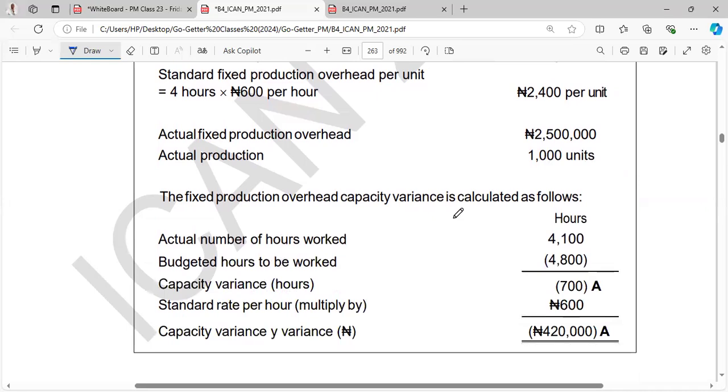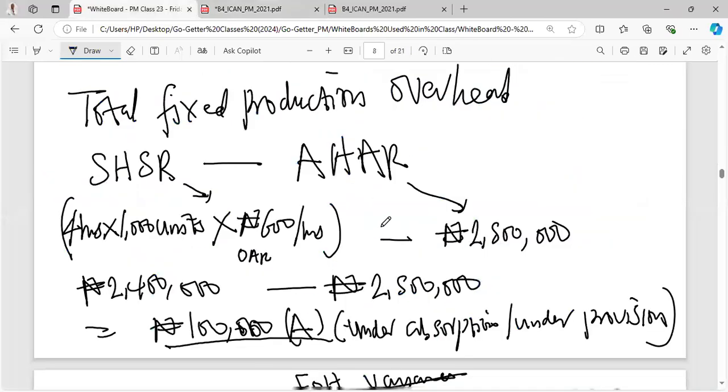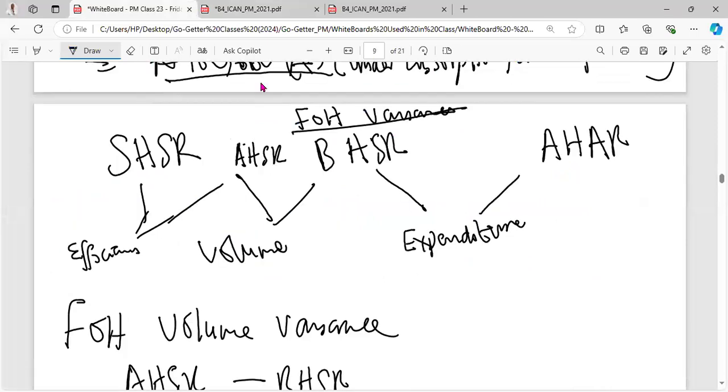Now the number of hours worked is 141. Budgeted hours to be worked, we saw it here as 48. Then if you minus it, this is the capacity variance in hours. You have to multiply it by the standard rate. So what it means here is actual hours, standard rate minus budgeted hours, standard rate. So that's what it means here. Actual hours minus budgeted hours.